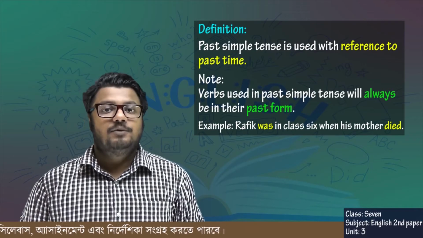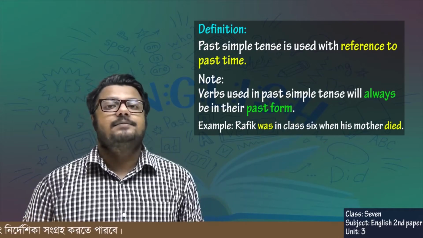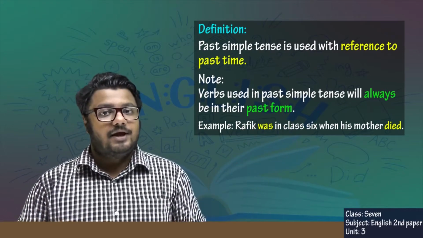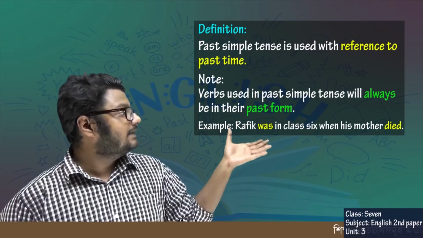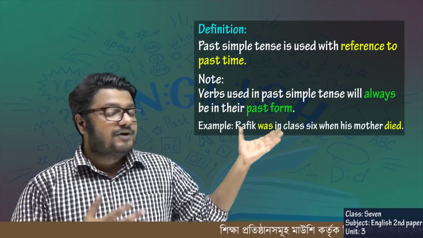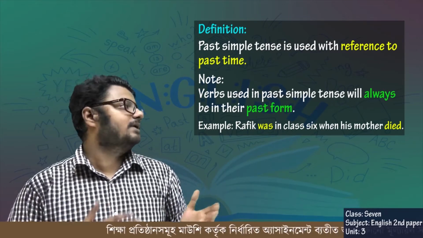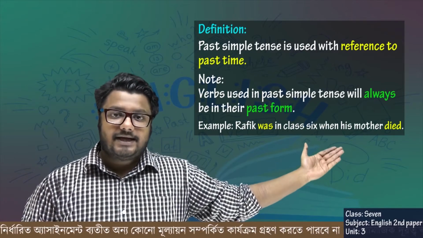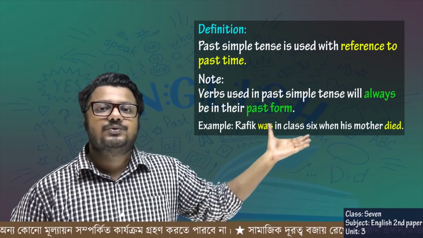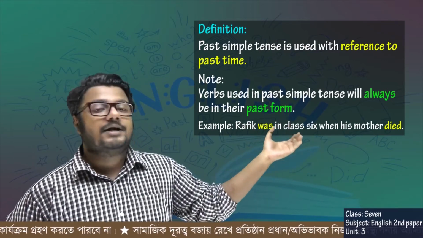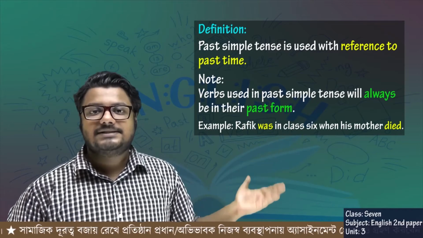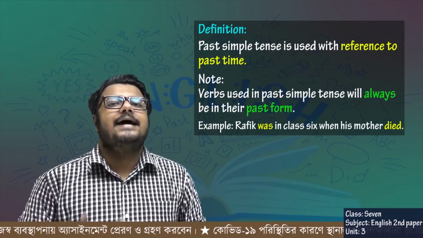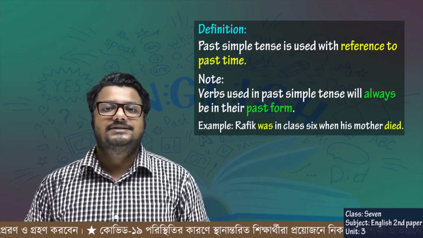Was is the past form of the verb is, and died is the past form of the verb die. So, was and died are in their past forms, and also this sentence is actually referring to a past time. Rafiq was in class 6, so it's in the past, and his mother died at that time. So this sentence is referring to a past time. The verbs are in their past form, and that is why we can say that Rafiq was in class 6 when his mother died is an example of past simple tense.